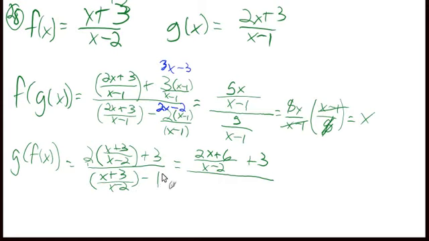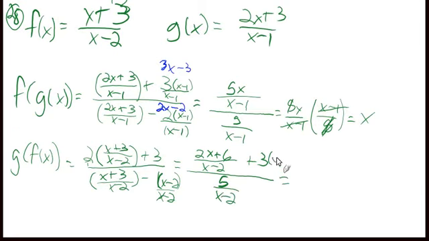We need a common denominator, so that's going to be x minus 2 over x minus 2. Multiply 1 by x minus 2, and it's just x minus 2. So as we rewrite this, let's do the subtraction. x minus x, nothing. 3 minus negative 2 would be 3 plus 2. That would be 5, and that's all over the common denominator.